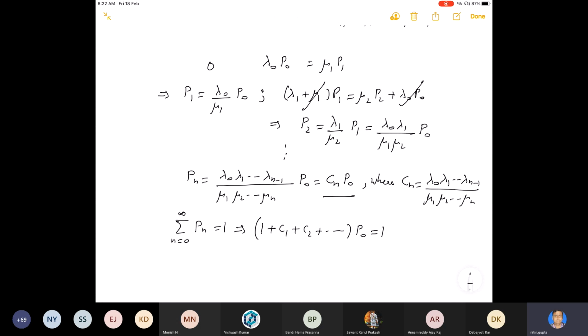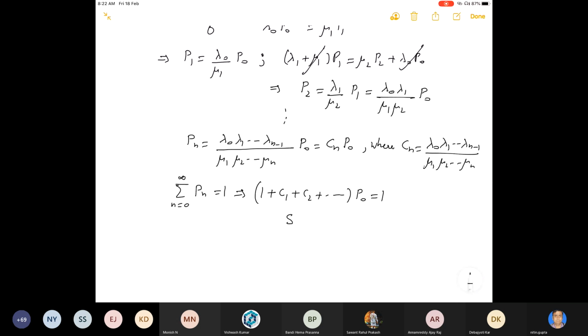So s times p naught is 1, where s is 1 plus c1 plus c2 plus so on. Therefore p naught is 1 by s.